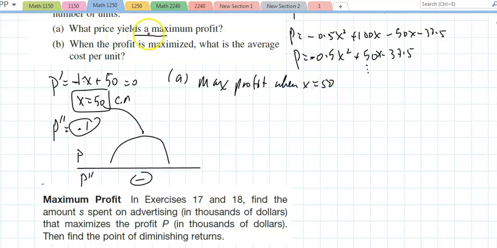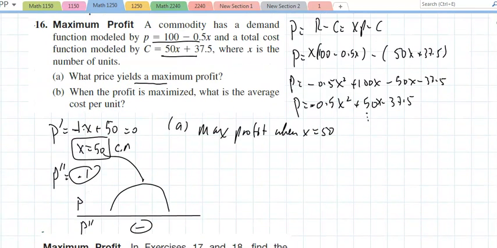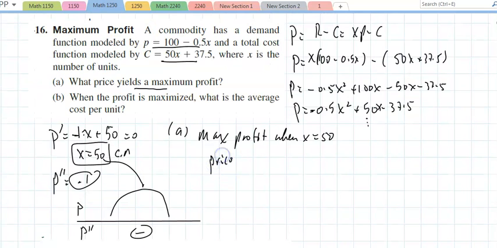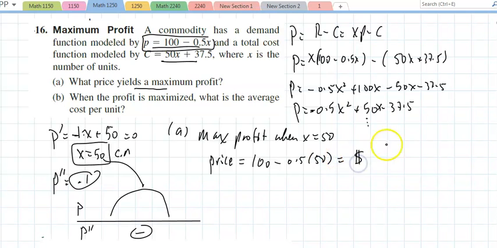What price will yield a maximum profit? Price would be, there's the price, 100 minus 0.5 times 50, that's 25. So that is $75 per unit. Part B.